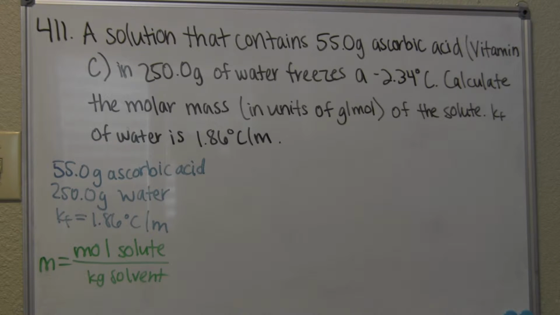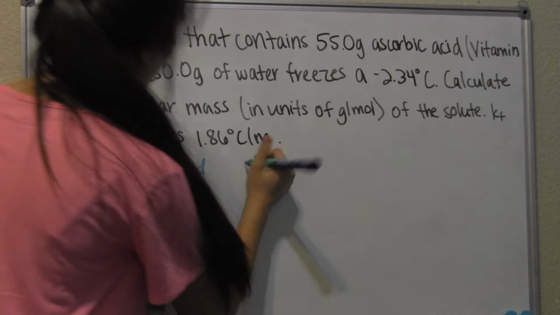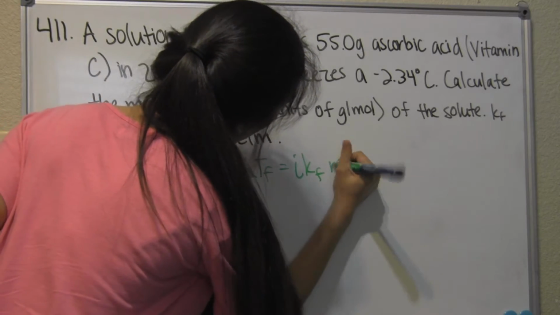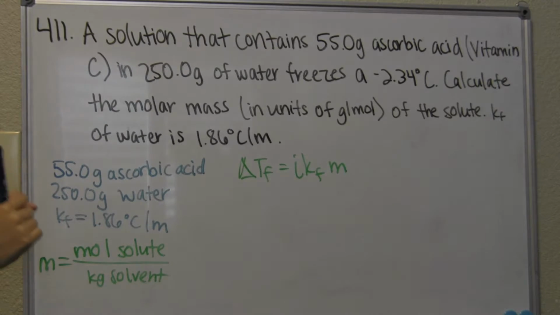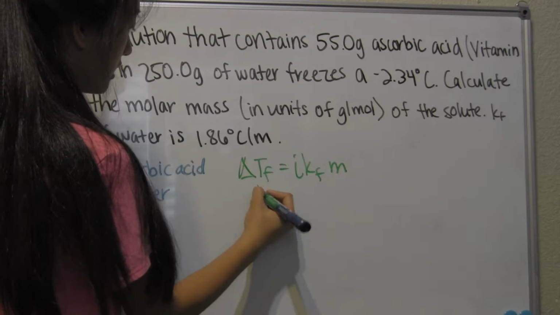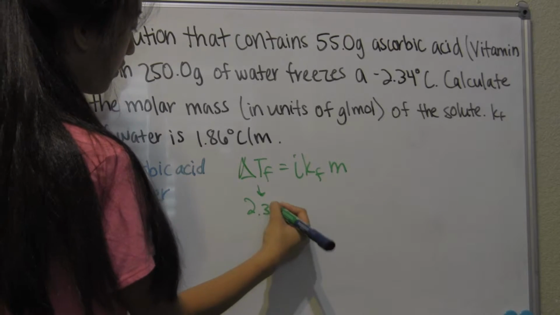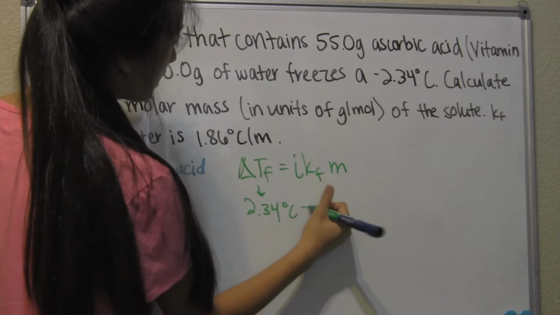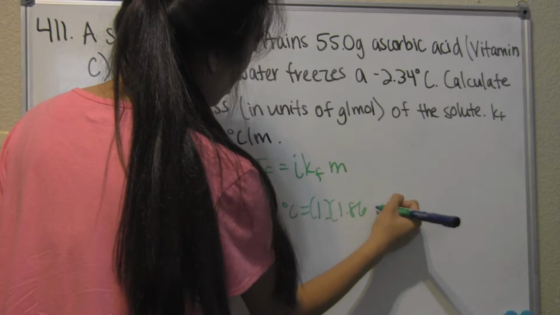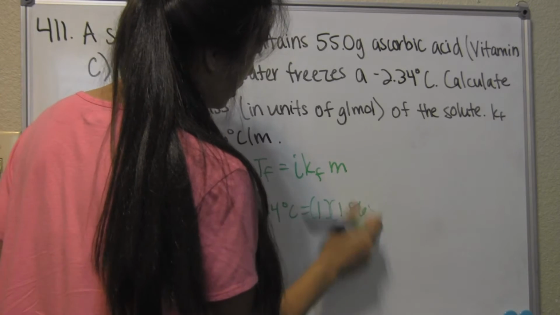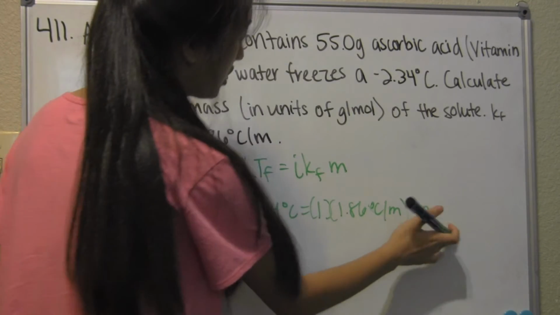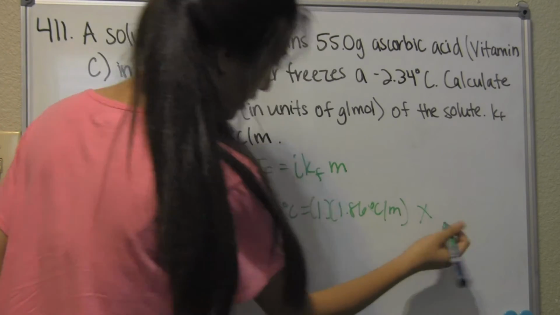The equation that we're going to use is the change in Tf is equal to i times Kf times the molality. If you plug in the values that we have here, you'll get the change in Tf, 2.34 degrees Celsius, is equal to 1 times 1.86 degrees Celsius per molal times m, which is just going to be x, because that's what we're looking for.